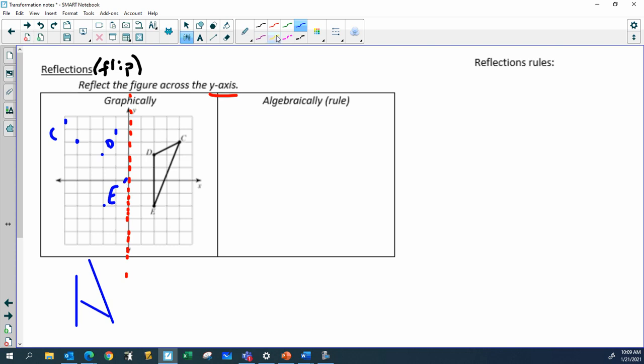Now, what you're going to notice, if you connect any of these pre-image points with its image, it will always make a 90-degree angle with my line of symmetry.